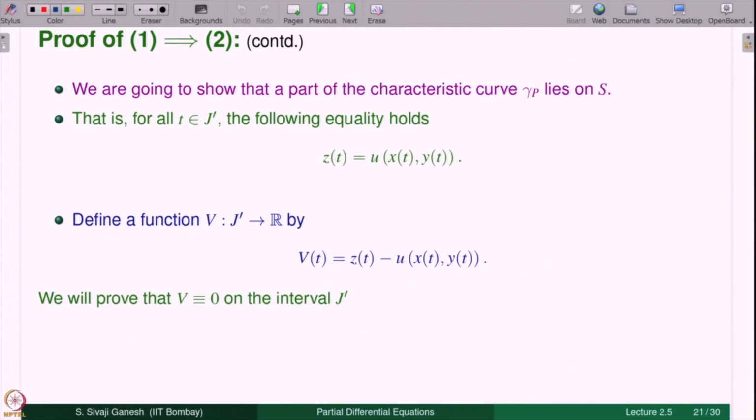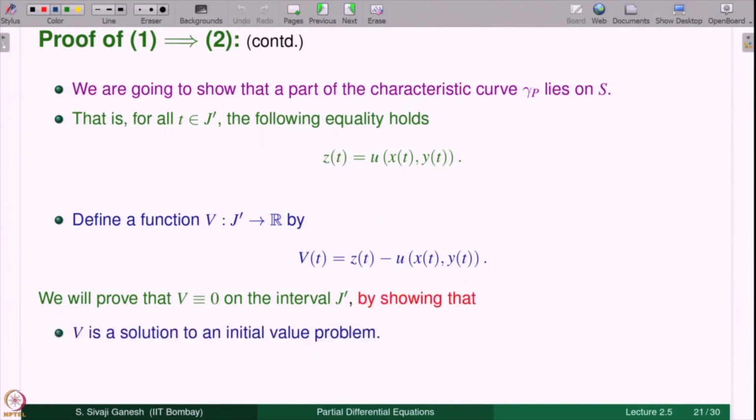How do we show this? We show that v is going to satisfy a certain initial value problem for an ODE, and it is known, meaning that the initial value problem which v is a solution to has only one solution. It is also known that 0 is a solution, therefore, v(t) must be the 0 solution. That is the strategy we are going to follow.